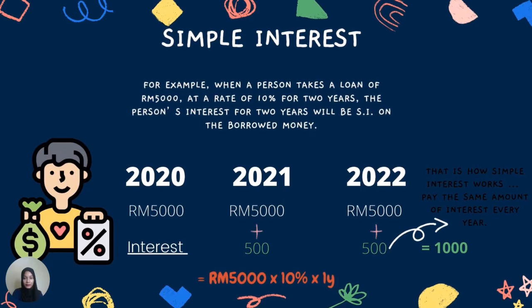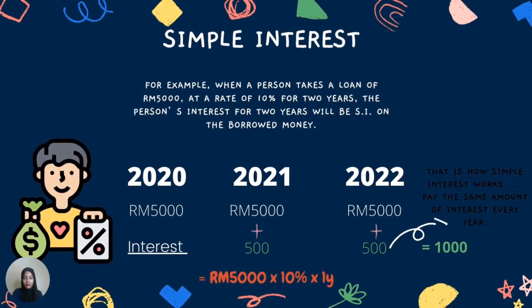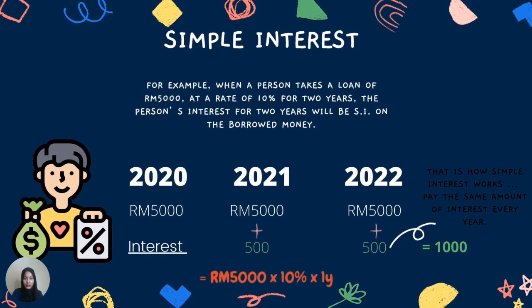For example, when a person takes a loan of 5,000 at the rate of 10% for 2 years, the person's interest for the 2 years will be simple interest on the borrowed money. So 5,000 is your original amount, or principal, of your loan.